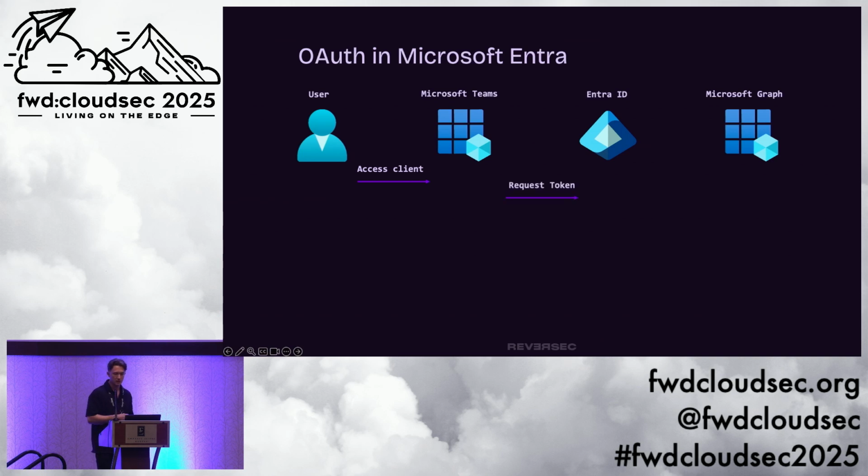The client, like Microsoft Teams, will reach out to the identity provider and request an access token for that user. Microsoft Entra will then request consent from the user in order to allow the client to make authenticated requests on their behalf. Once that consent has been provided, an access token is returned, and that access token can then be used to access the Microsoft Graph resource.